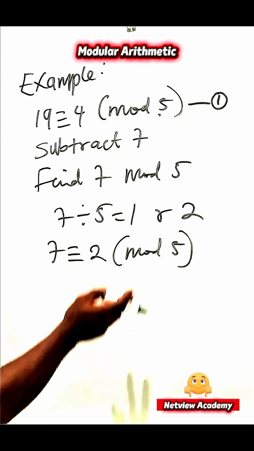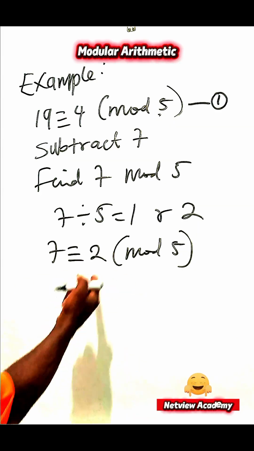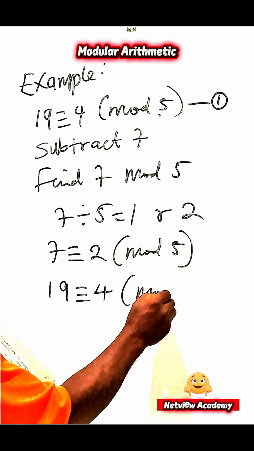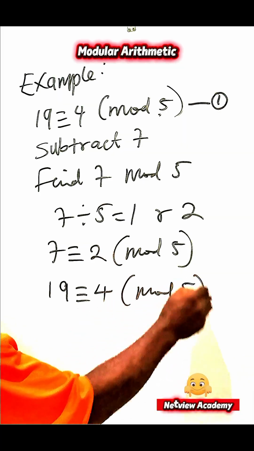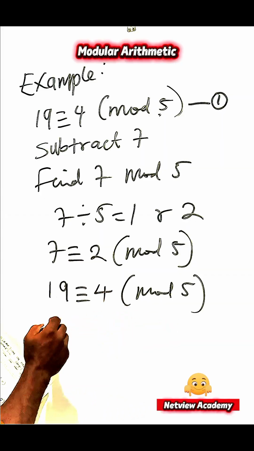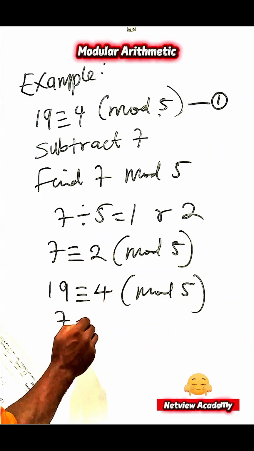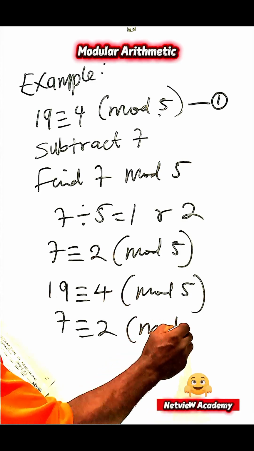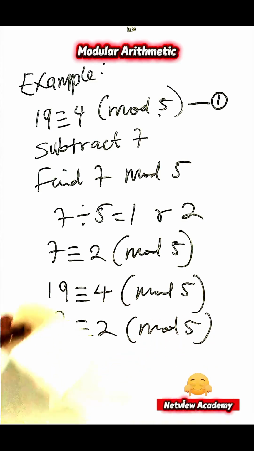So when 7 is divided by 5, the remainder is 2. So 19 is congruent to 4 when it is divided by 5. That's the first value. The second value, 7 is congruent to 2 when it is divided by 5 as well.